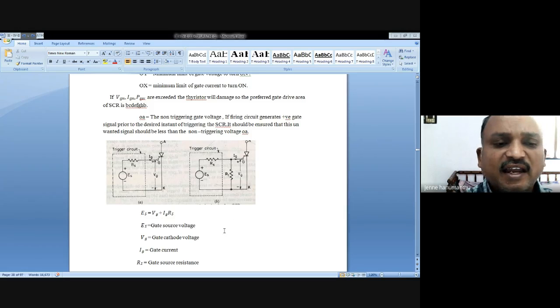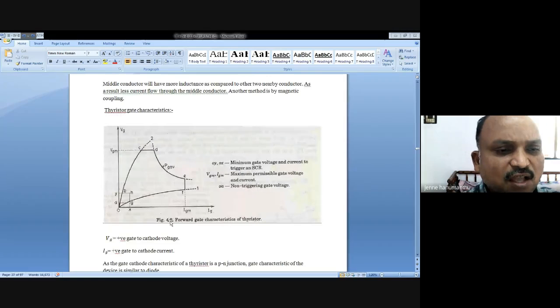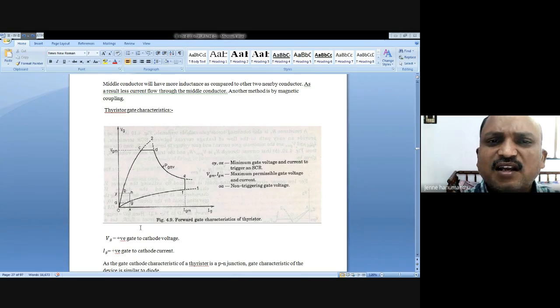As we know from the previous diagram, in the gate characteristics, if you apply 0 to A, this much voltage, it is the non-triggering region. This voltage is not sufficient to trigger the gate. So the SCR cannot be on. It is in the off state.